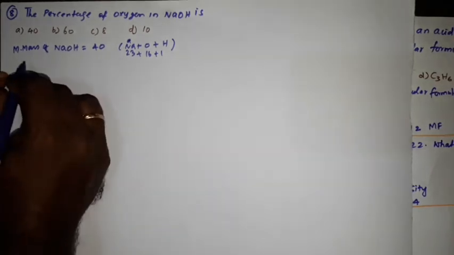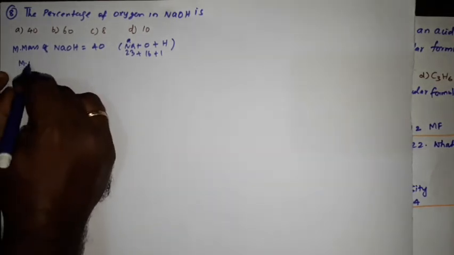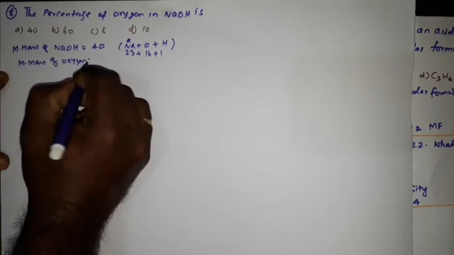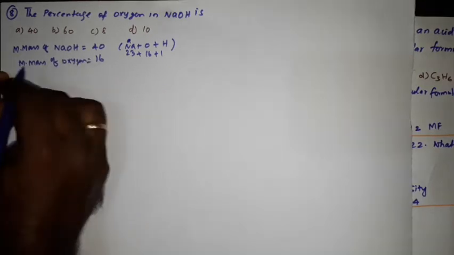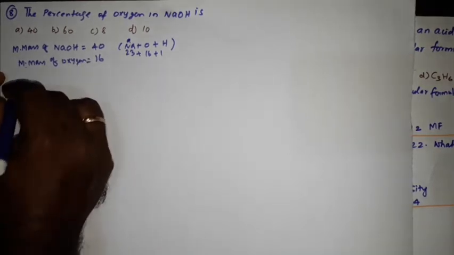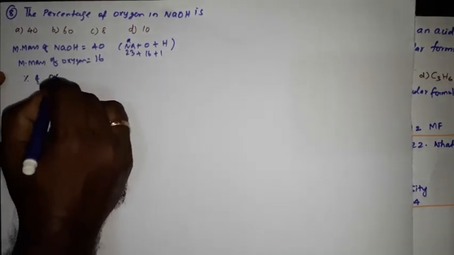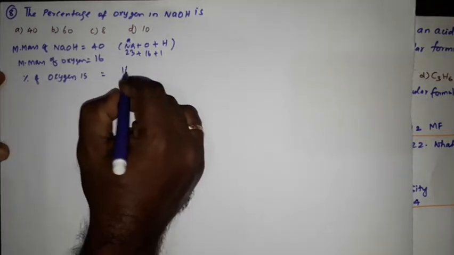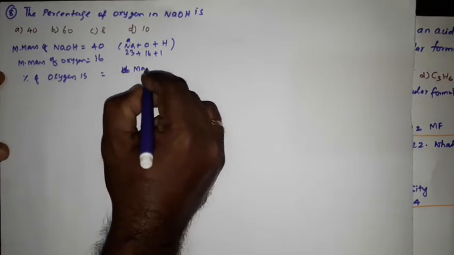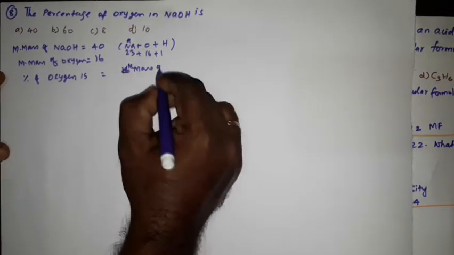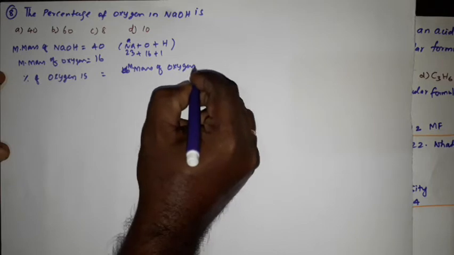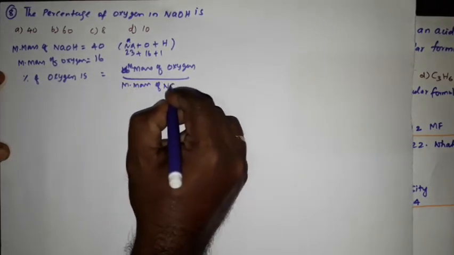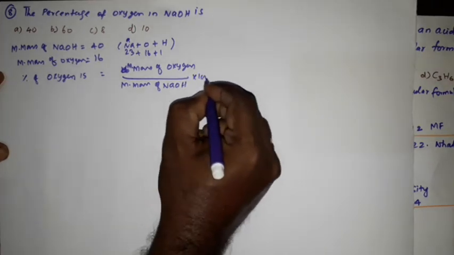Okay. Now the molecular mass of oxygen is 16. Now the percentage of oxygen is the molecular mass of oxygen divided by the molecular mass of NaOH into 100.